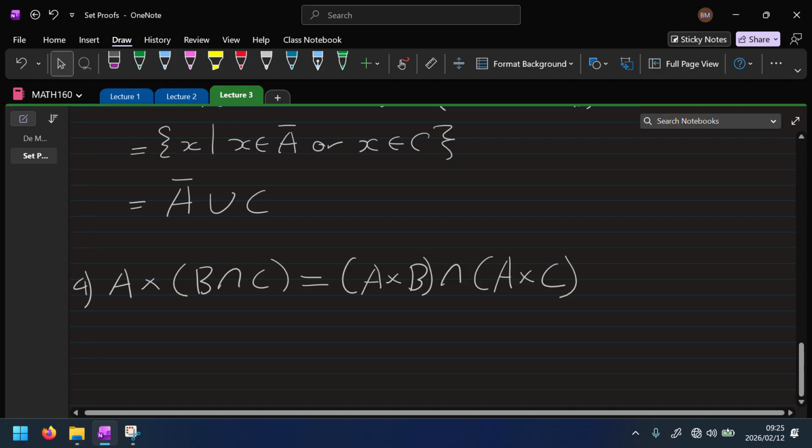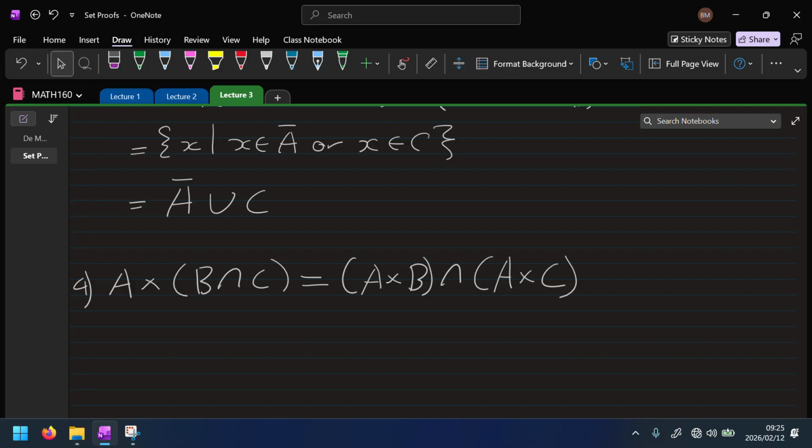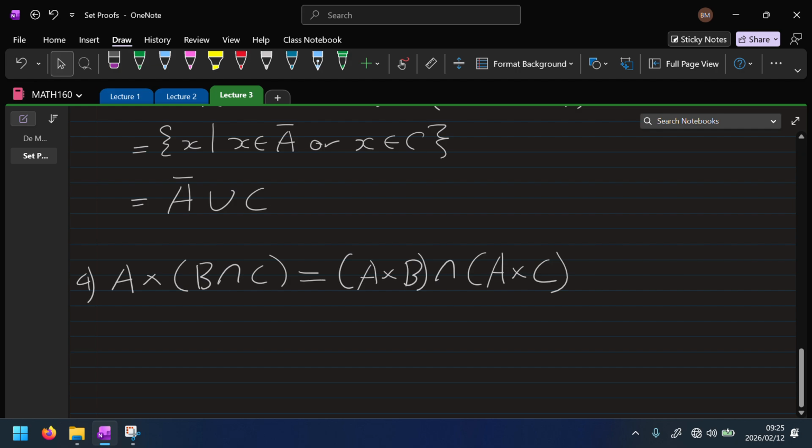Okay, same as always, we start with the left-hand side, or you can start with the right-hand side. It doesn't really matter. Let's start with the right-hand side just to make things a little different. Maybe for homework, you can start with the left.